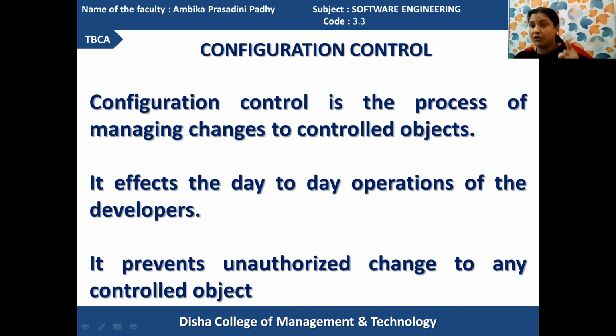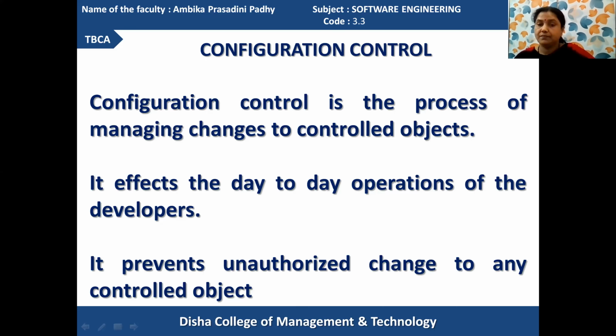So to prohibit all those, you can go for using a proper set of configuration control tools, so that those can be helpful for proper controlling to be performed. And if you do configuration control, it will prevent unauthorized change on the controllable objects.